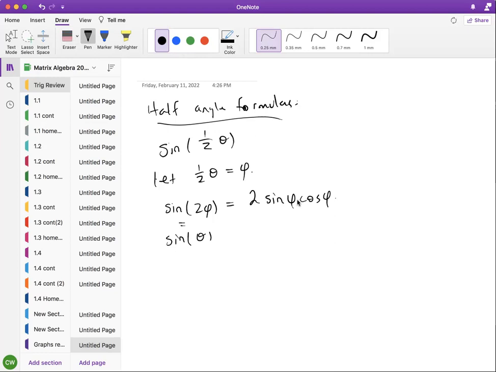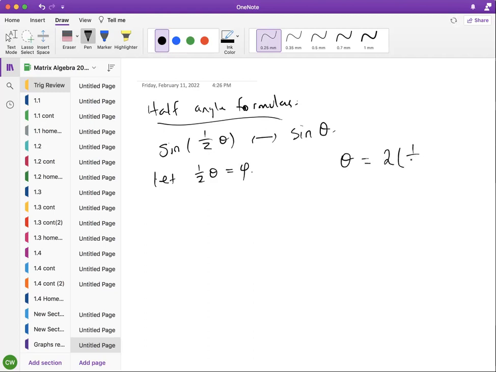Sorry, that's not what I want to do. Let's see. Okay, yeah, so notice that if I want to look at sine of theta, the relationship is that theta is twice, the double of 1/2 theta.